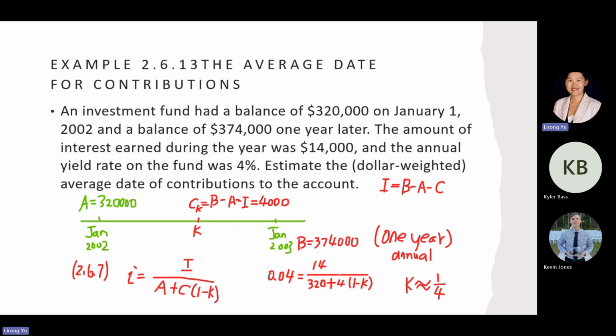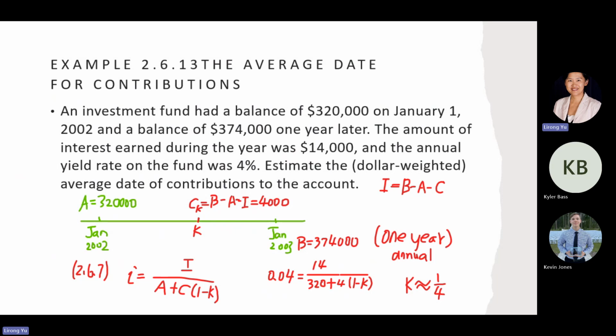That's how we know the C. We just don't know roughly what time that 4,000 contribution happened. That's the focus of the question: estimating when we got that 4,000 deposit.